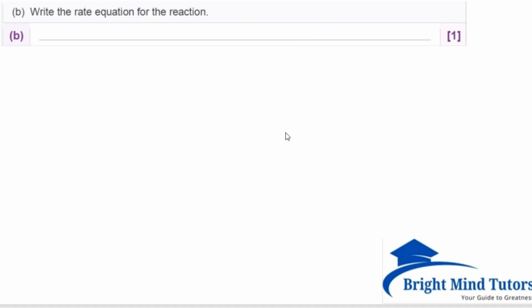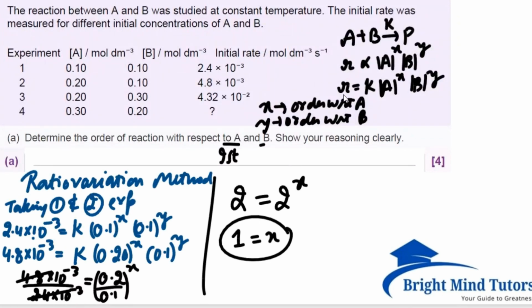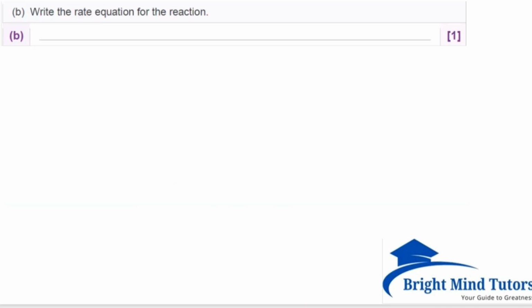Okay. Now the next question we have is this one. Write the rate equation for the reaction. You can see the rate equation we wrote: rate is equal to K into A raised to the power of x and B raised to the power of y, right? Now x and y values you have got, just substitute them and you will get your final rate equation.